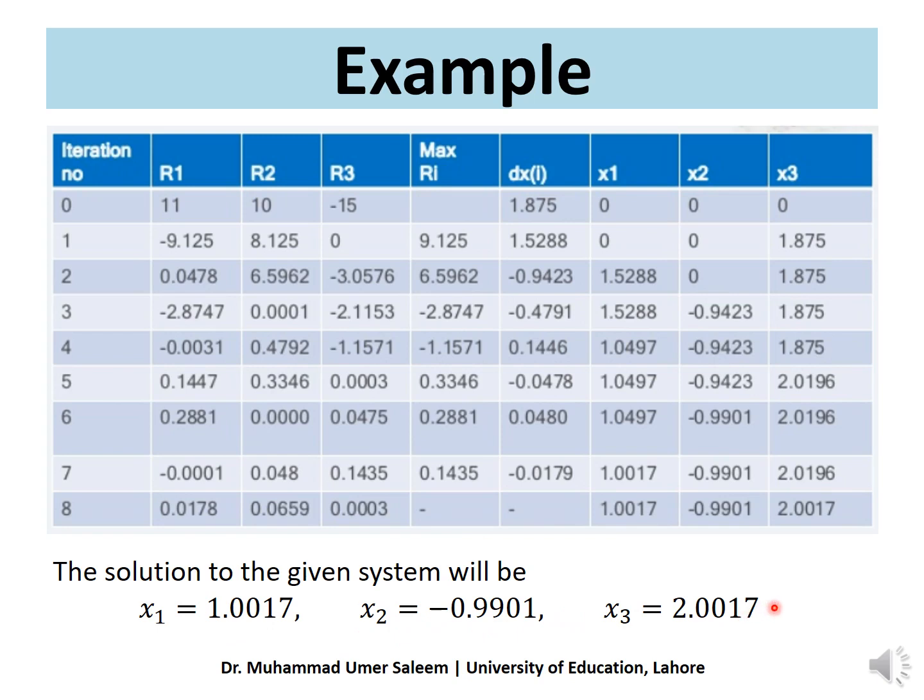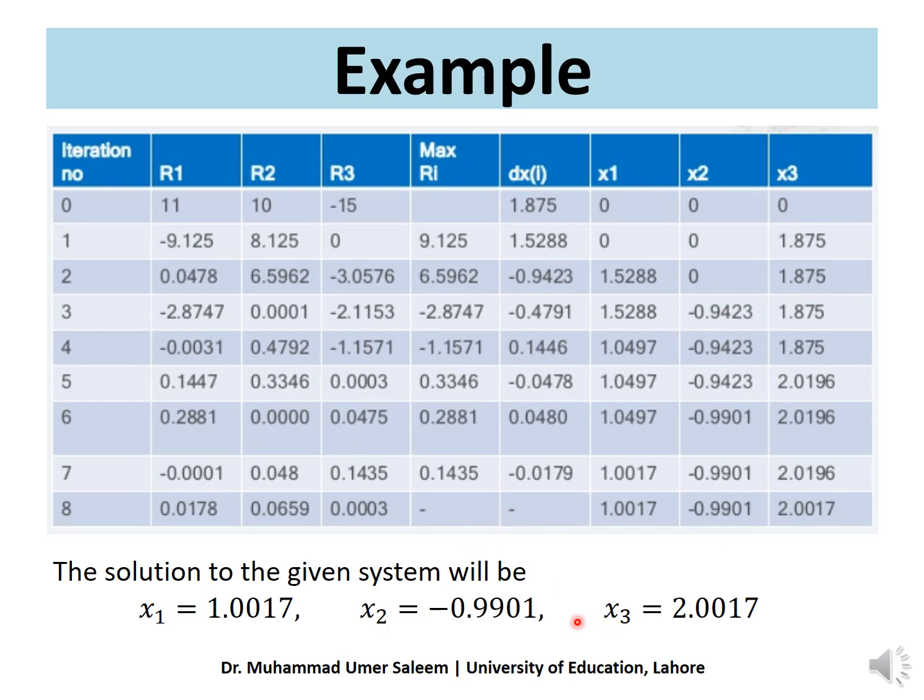So this is what you can do more rapidly if you choose the optimum value for the relaxation parameter in such a way that this is the largest value and you calculate the increment.